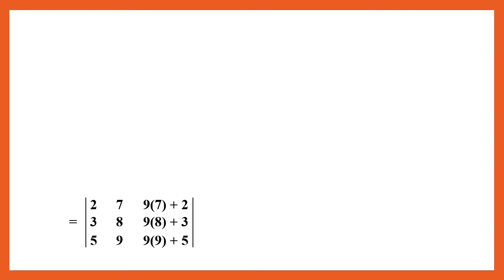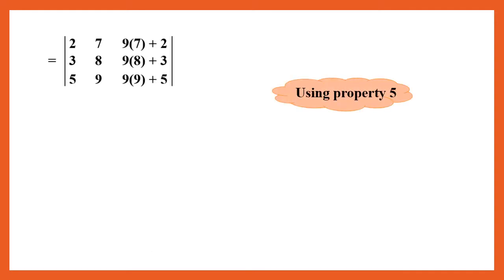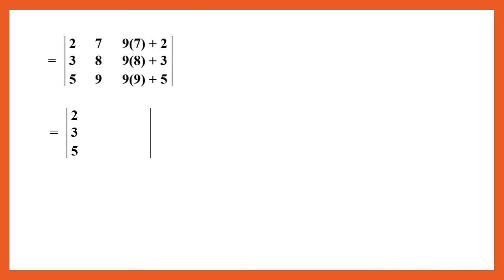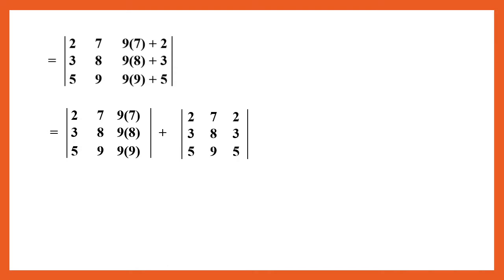Now on simplifying, using the property 5, we get the determinant 2 7 9 into 7, 3 8 9 into 8, 5 9 9 into 9, plus the determinant 2 7 2, 3 8 3, 5 9 5. Now you can see in the first determinant the elements of C2 and C3 are proportional.